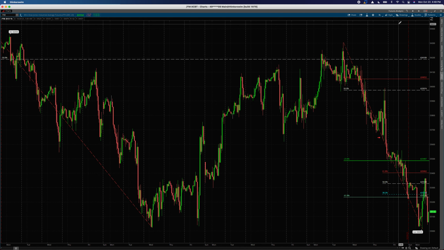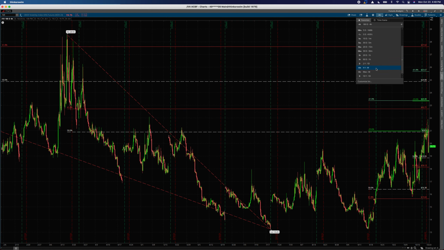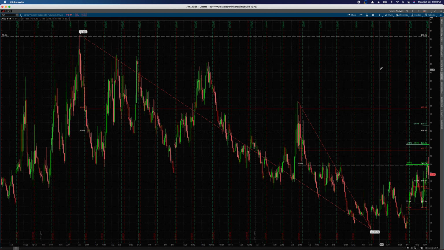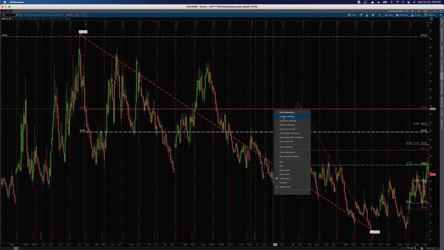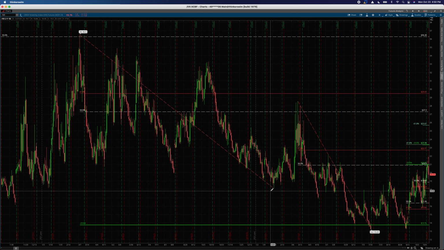So I want to talk about the VIX because this really is the key indicator, it seems, at least from my perspective, of what the indices likely do next. So let's go to the daily time frame. And we can see here that there was a 50% short of 2730.